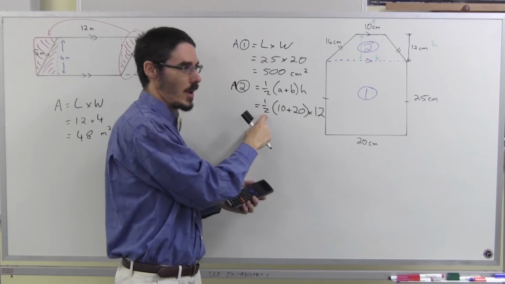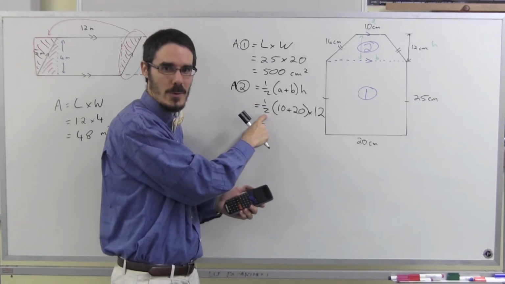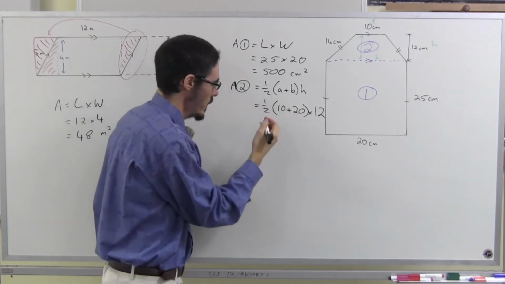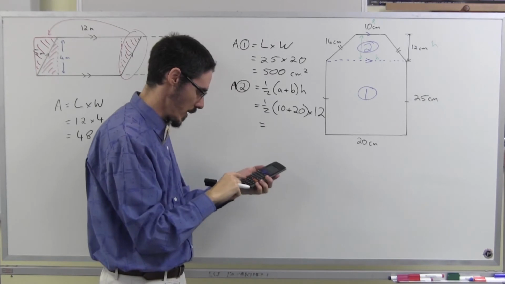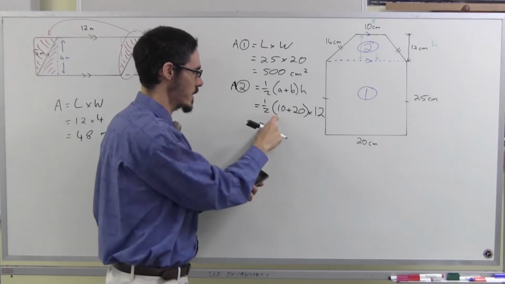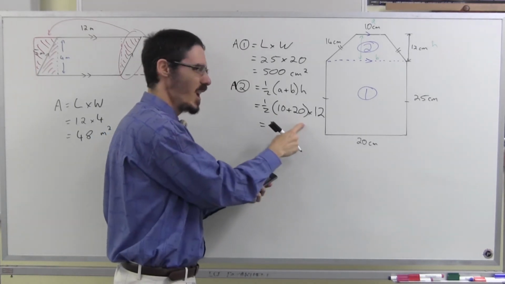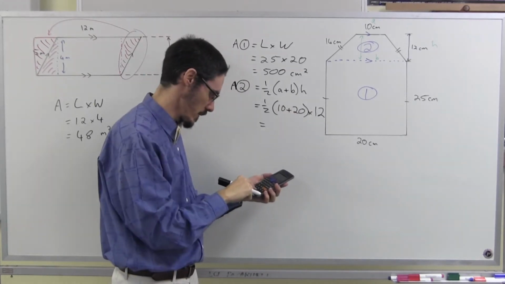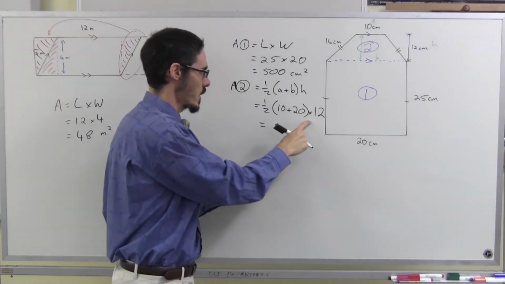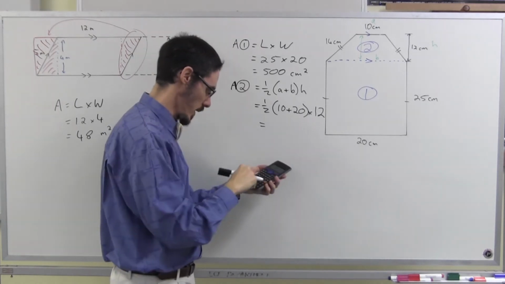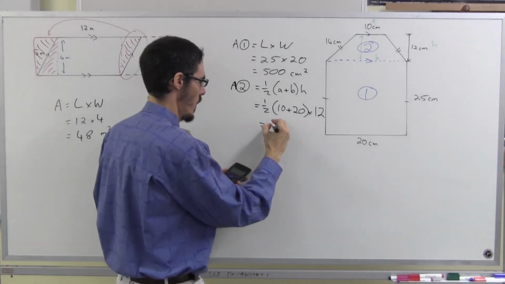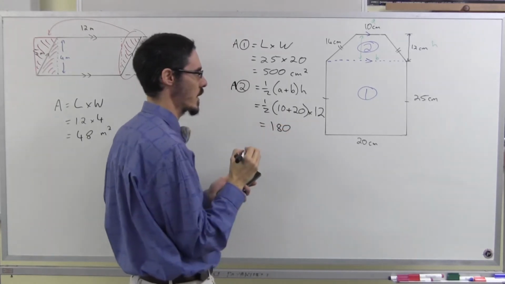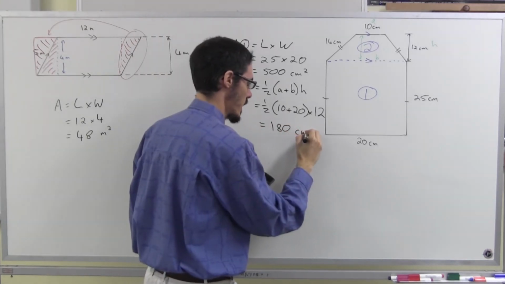Or even, you might know that that's decimal, 0.5. So you just go 1 divided by 2 times brackets. Don't forget to do this in brackets. Or of course you can do it in your head. 10 plus 20 is 30. Close brackets, times by 12. 180. 180 what? Square centimetres.